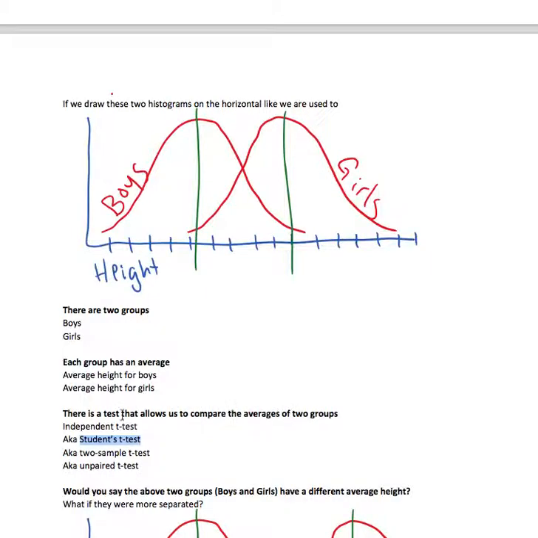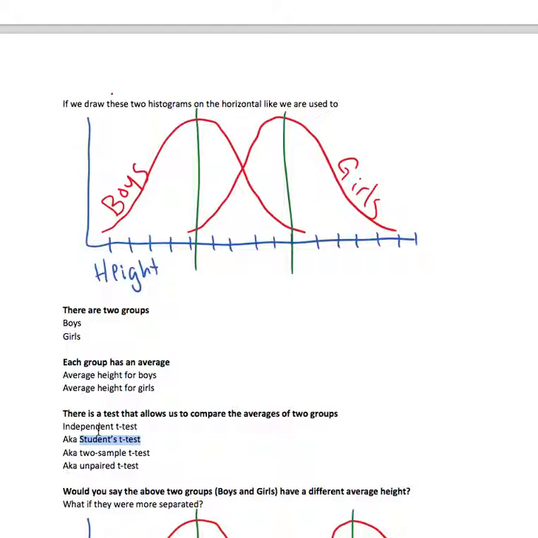And there's a historical relevance behind that we won't go into right now, but that is also a good name. Independent t-test, student's t-test, they can be used interchangeably. It's descriptive of that test, it's specific of that test, and so both of those can be used very easily.